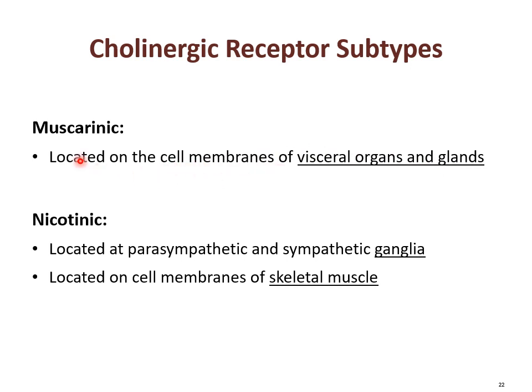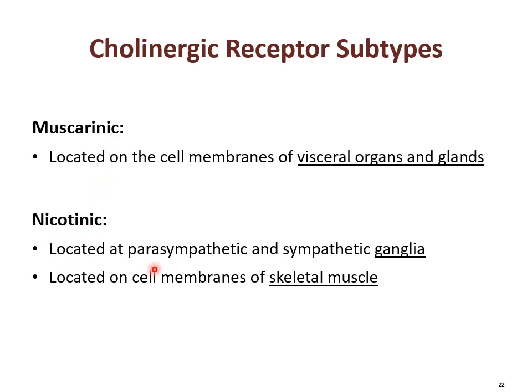So they were able to say, oh, there's two distinct populations of cholinergic receptors. One of them called muscarinic that are activated by muscarine, and then another group called nicotinic that are activated by nicotine. So the nicotinic receptors are distinct from muscarinic, but they're both activated by acetylcholine.